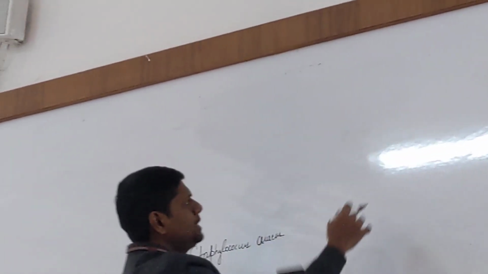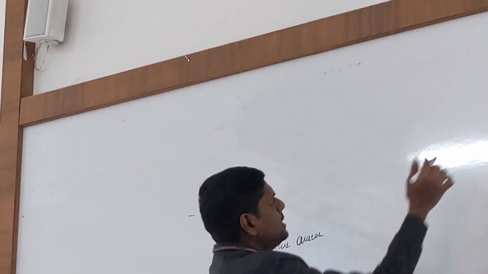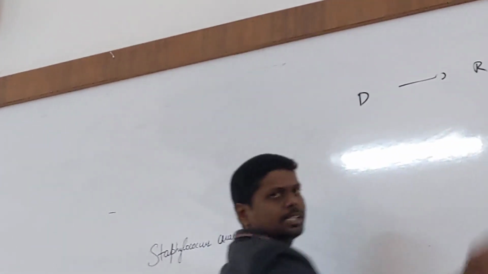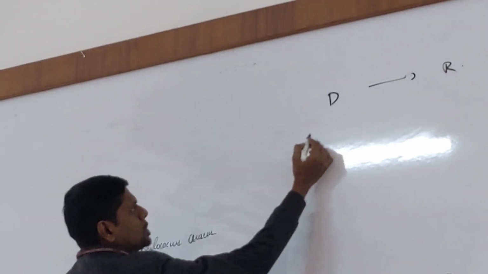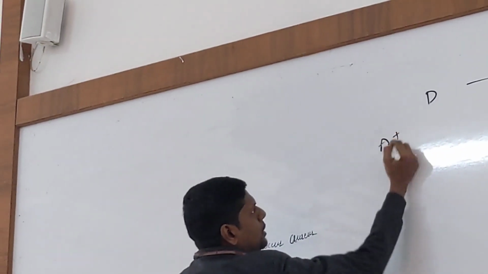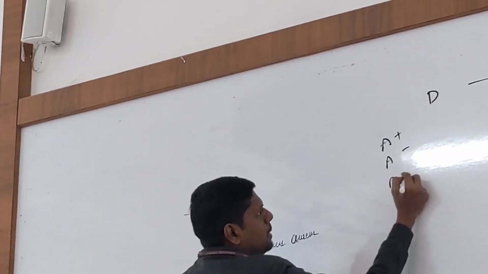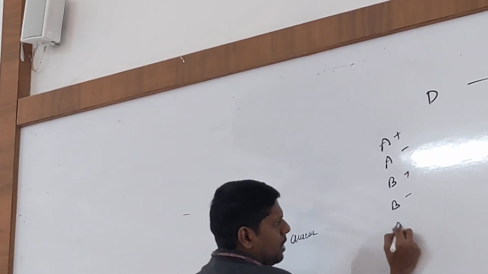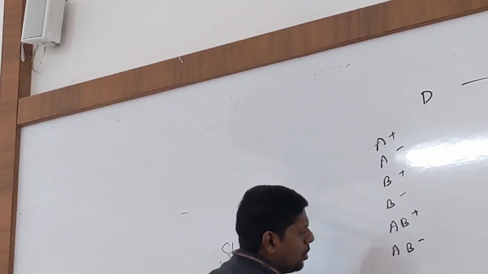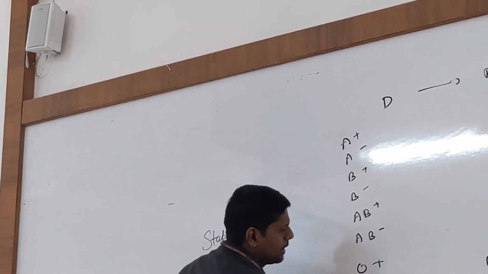Let us see. I will give many challenges here now. Let us assume donors here and recipients here. First, I will write all 8 groups: A positive, A negative, B positive, B negative, AB positive, AB negative, O positive, O negative.